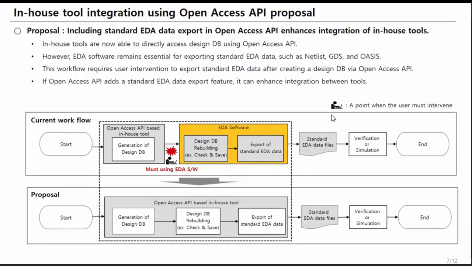However, when it comes to generating standard EDA data like NetList, GDS, and OASIS, we still have to go through EDA software. This means a user has to jump in to create this standard data, which disrupts the workflow continuity.